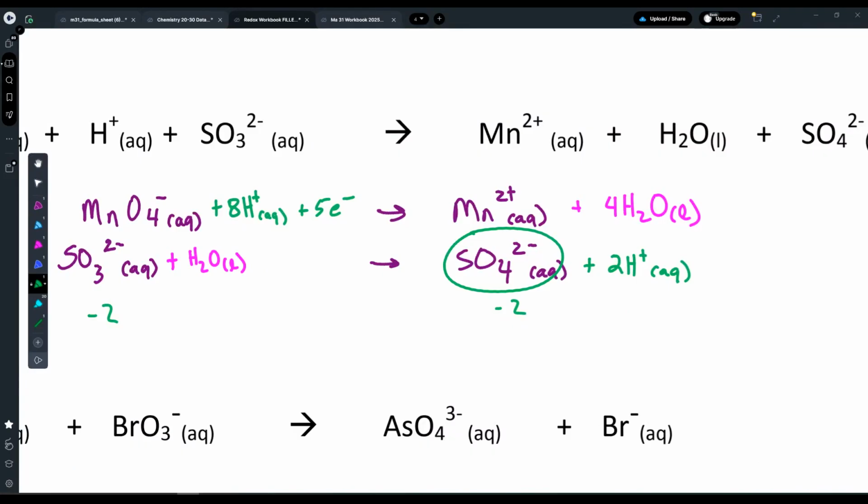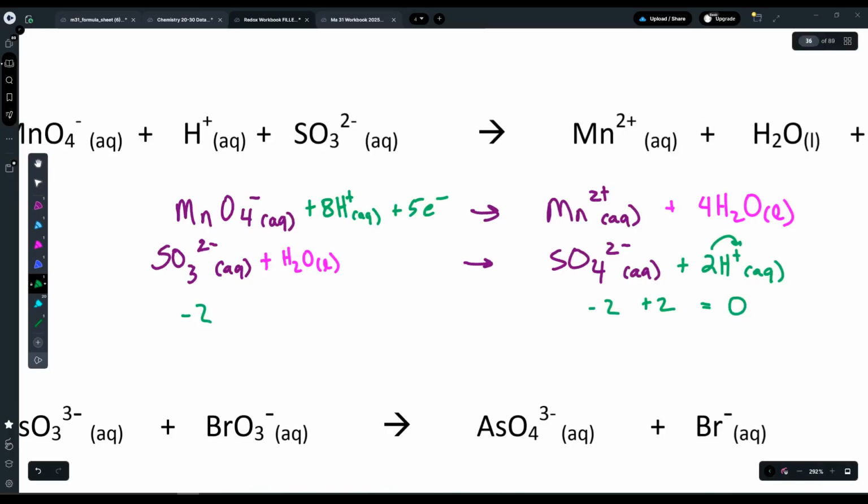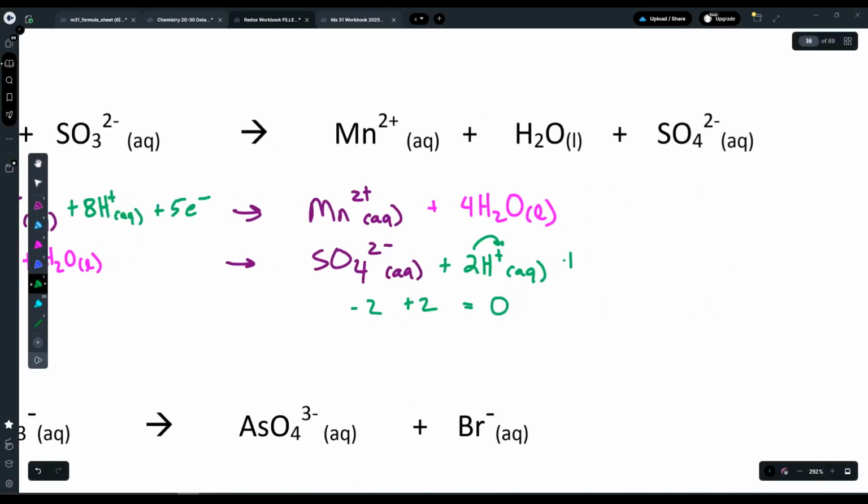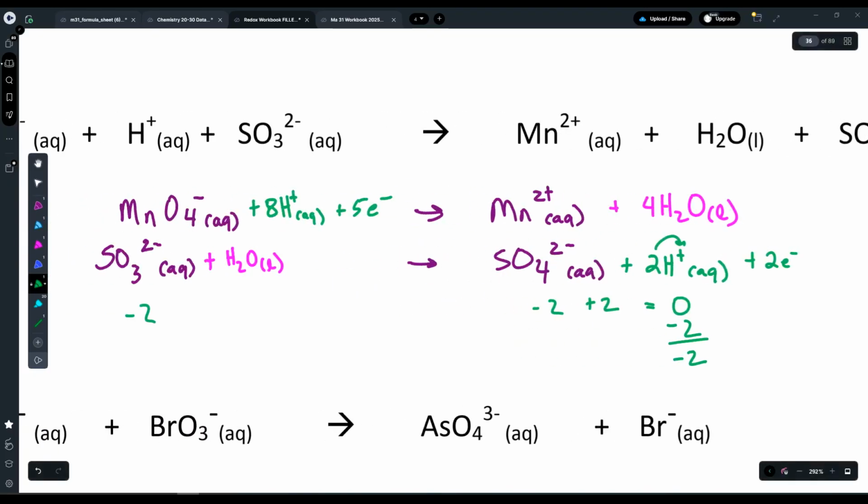These are sulfate ions, so I've got a -2 charge coming from that, and then I have 2 times 1 plus, so +2 coming from the hydrogen ions, so I've got a neutral charge overall on the product side. So I've got to go to the more positive side and add my electrons there. So if I go +2 electrons, that would be 0 minus 2 to give me -2, so both sides now have a -2 charge.